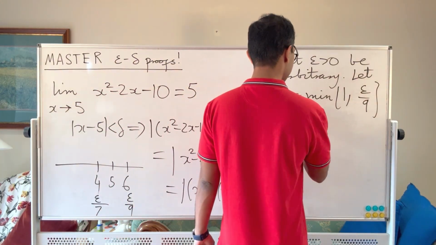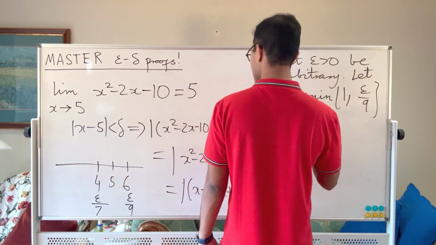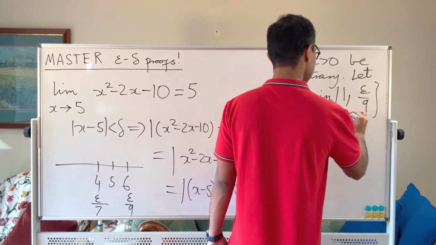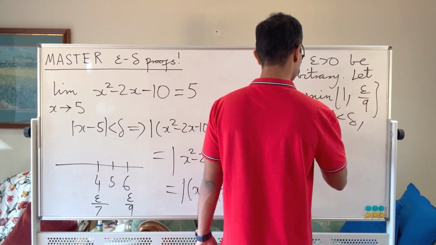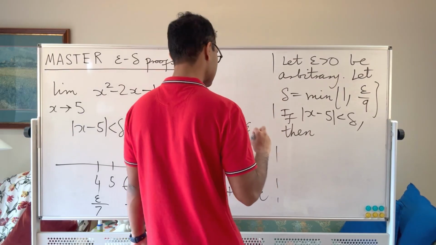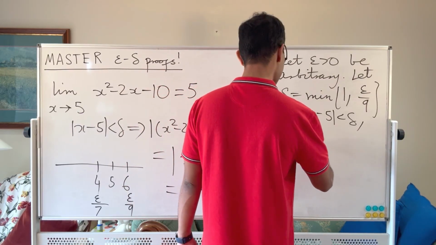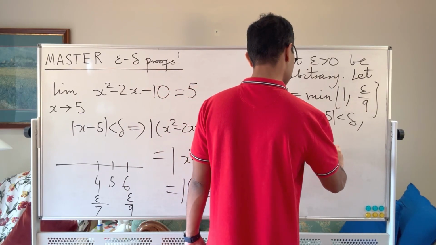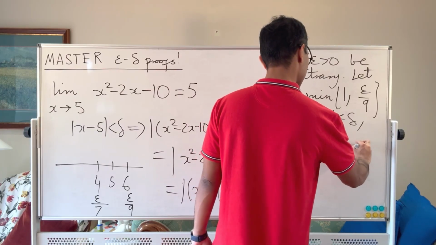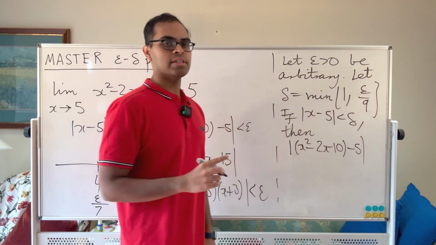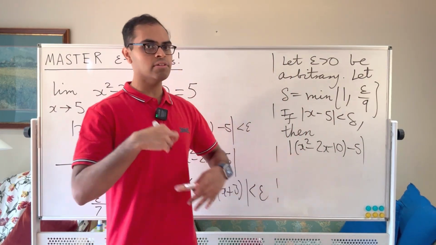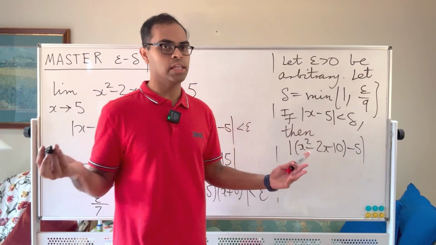Okay, now we have that if the absolute value of x minus 5 is less than delta, then we know for a fact that the absolute value of x squared minus 2x minus 10 minus 5, and I'm writing this slightly differently from last time. We want to make this quantity small. Okay, so I'm going to now simplify it to something in terms of absolute value of x minus 5.